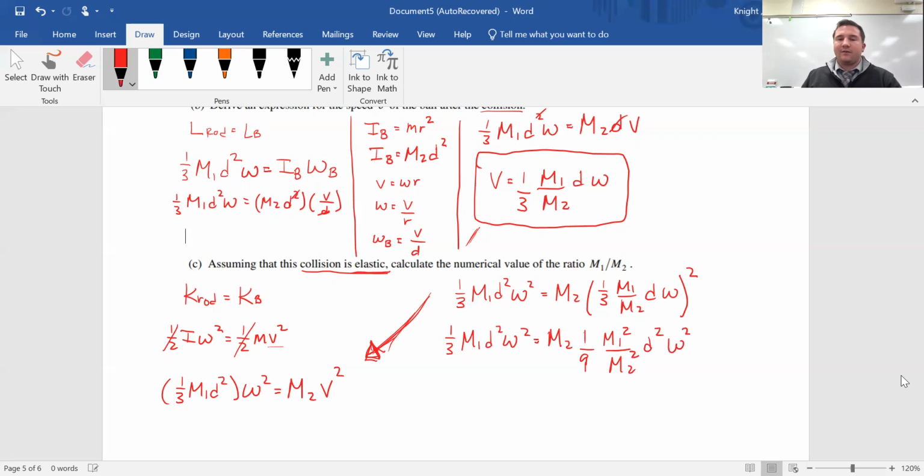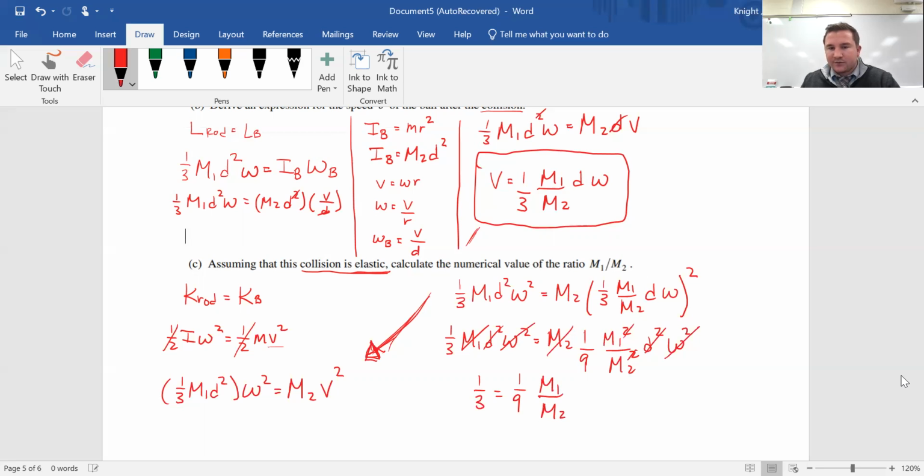So you square everything, right? We square everything out and we get some nice things happening, right? Omega is going to cancel with omega. D squared is going to cancel with d squared. M2 squared will cancel with m2 here. M1 squared will cancel with m1 over there. And we end up with 1/3 equals, everything else canceling on this side, 1/9 m1 over m2.